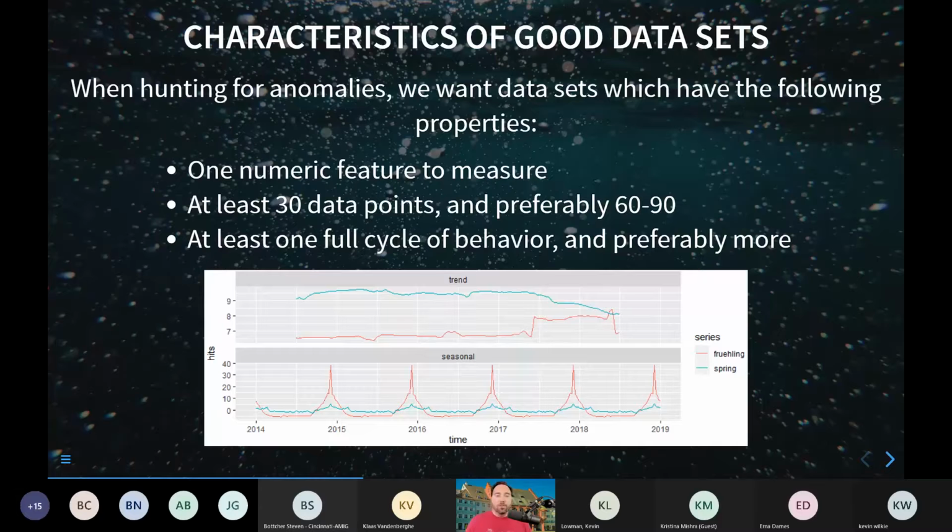However, Saturday afternoon, 2 p.m., is a very busy time for a grocery store. So if I only have Monday through Friday data and then I plot Saturday data, it's going to look anomalous because we're not used to that large amount of traffic. So it's important to understand the domain is what I'm getting at.